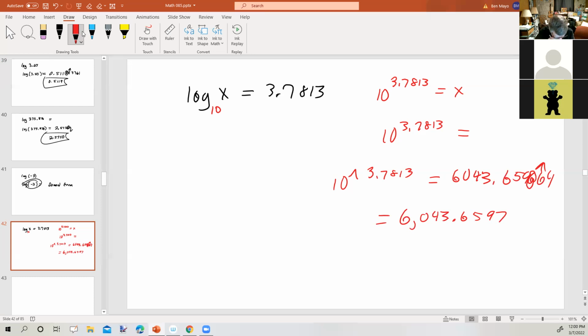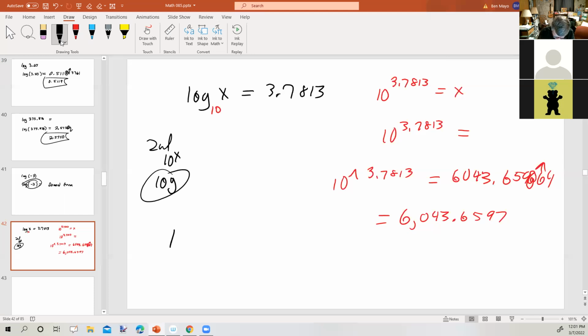Now another way we can do this. Remember I said that the button above log was 10 to the x power. So this is the second function of this button. I could start by going second and then pushing the log button, which gets to the 10 to the x button.